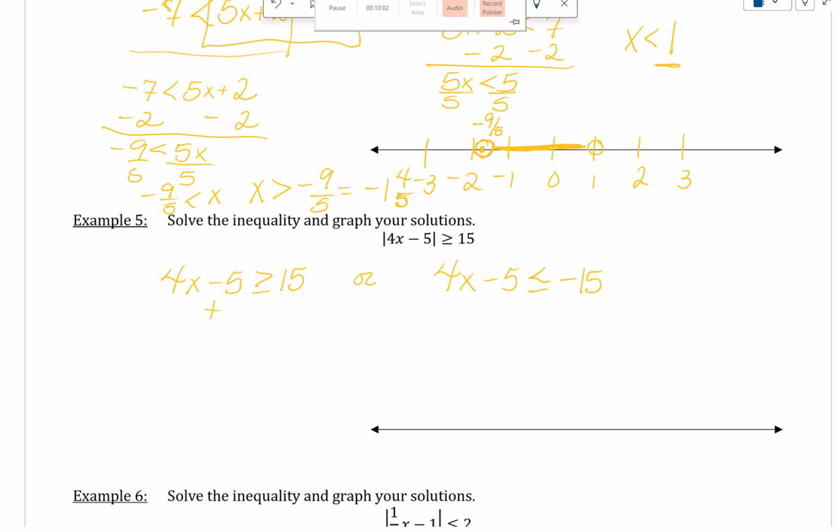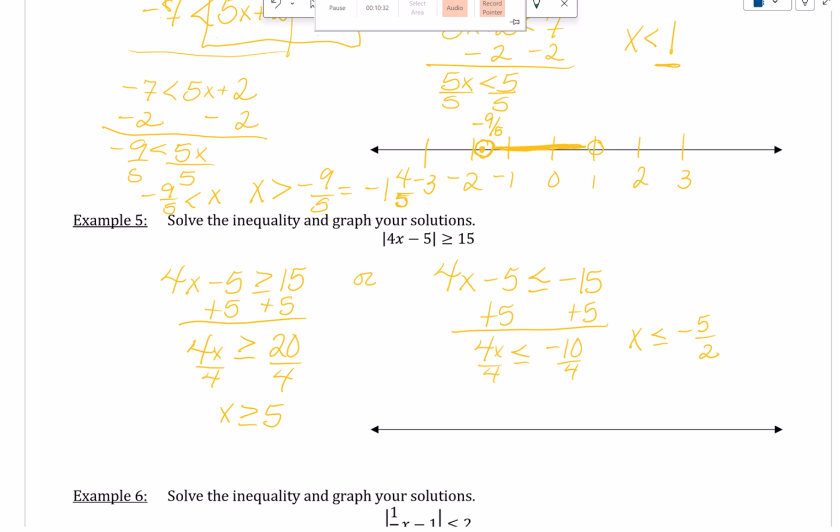So we then would solve each inequality. X is greater than or equal to 5, or x is less than or equal to negative 5 halves.